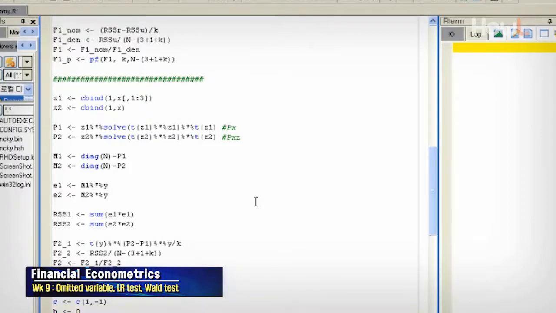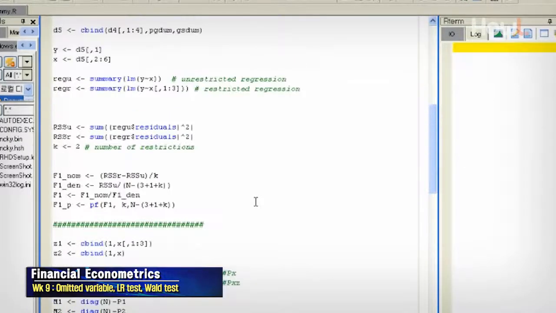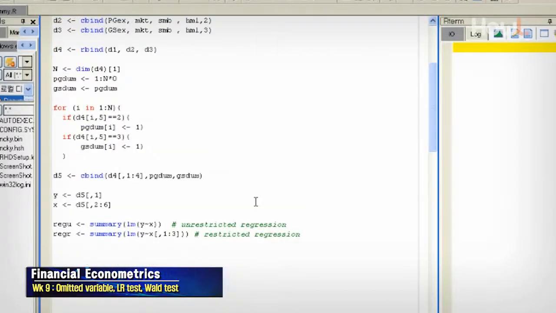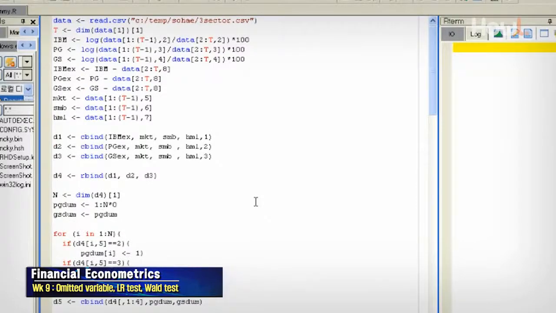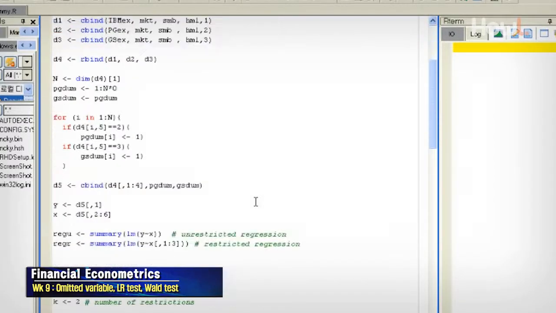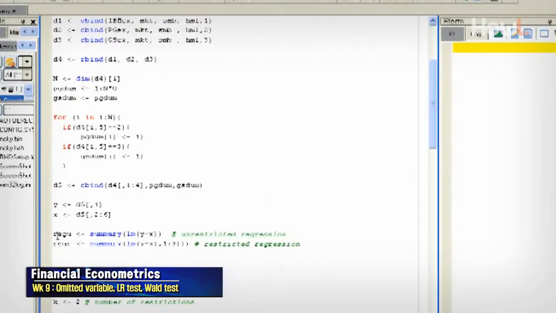In our regression, we already did the regression, which is where is it? The regression from the unrestricted regression, like this.